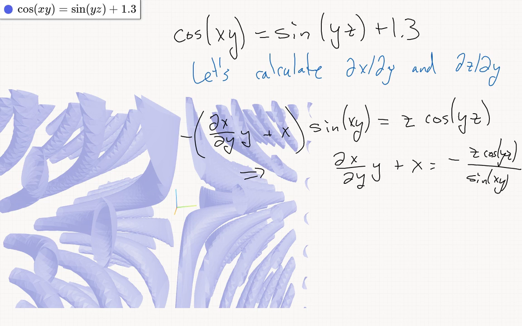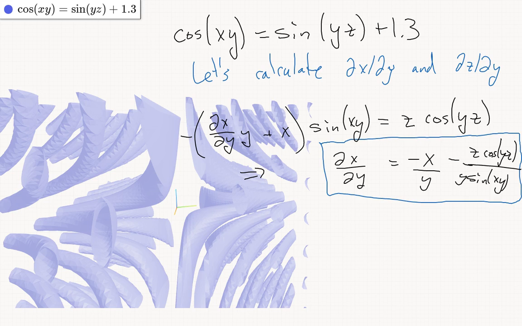So this becomes, we can move the x over, equals negative x minus this, and then divide by y. So this is our expression for del x by del y. Let me box that so it's safe.